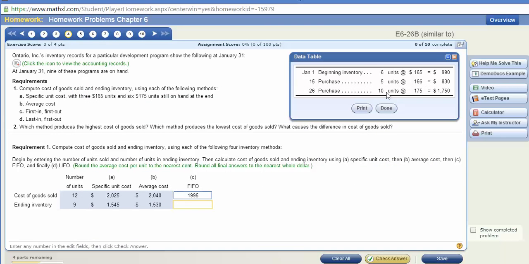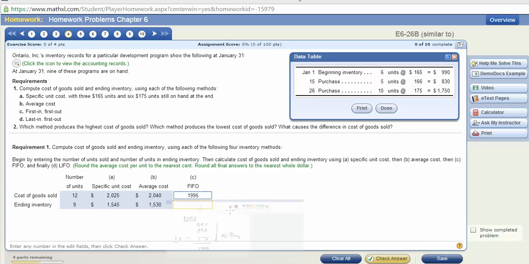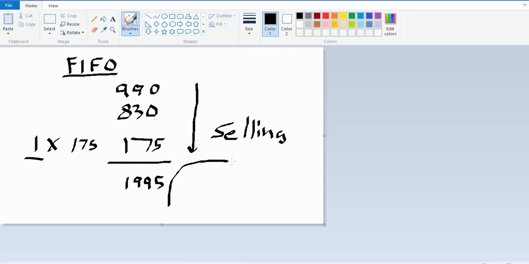Just take 9 at 175. We're going to keep ending inventory under FIFO, 9 at 175. Notice that FIFO sells first in, first out.